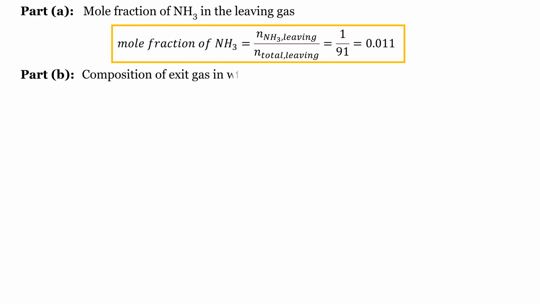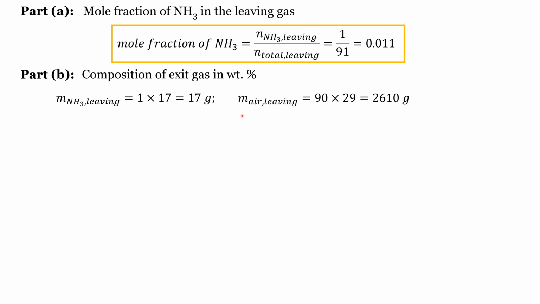Now in part B, we need to estimate the composition of exit gas in weight percentage. So we can write mass of ammonia leaving equal to moles of ammonia leaving into its molecular weight. In the same way, we can estimate the mass of air leaving.